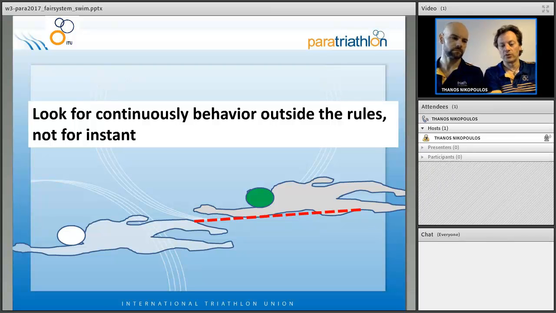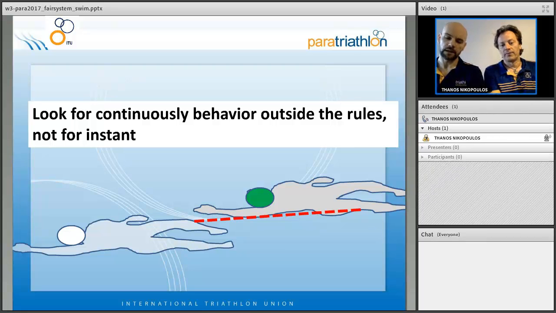As Thanos mentioned, the totally blind athletes' orientation pretty much depends sometimes on the tension that they feel on the tether. So they might be deviating in a different direction, and their guide is going to pull away to help them regain the position. But that will lead to a corrective situation, and that's what we have to evaluate before considering a penalty.